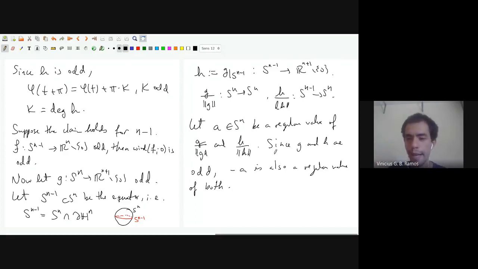And this means, because A and minus A are regular values of both, if you look at the line that's generated by A, this line intersects G and H transversely. Actually, we usually say the function intersects the submanifold.